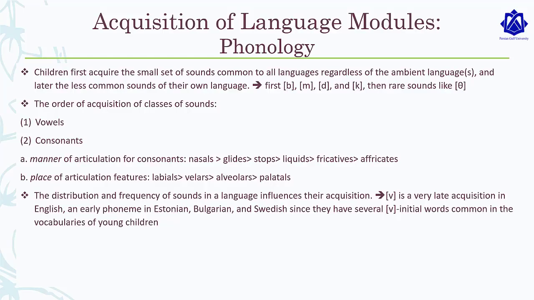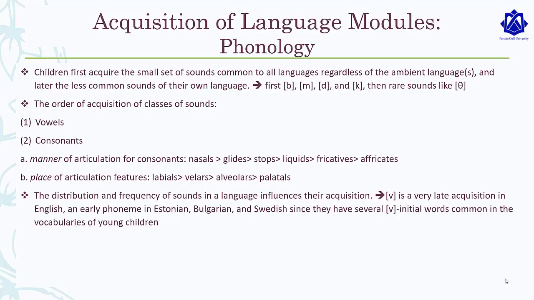Then later they would learn fricatives, and among the fricatives, those that are common would be learned first, and those that are rare would be learned later. For example, th is the last sound that would be acquired in English.